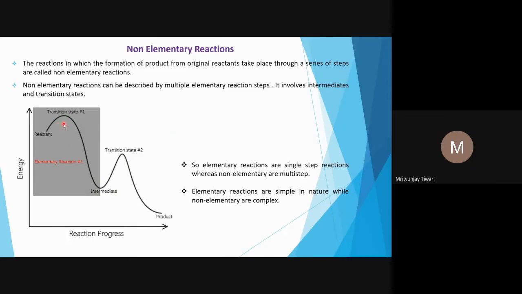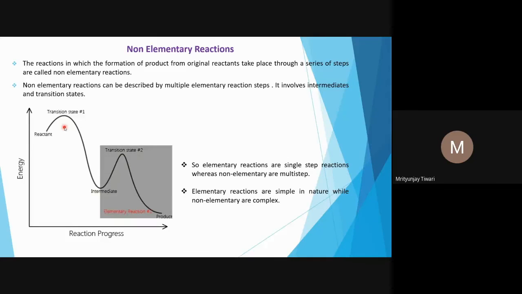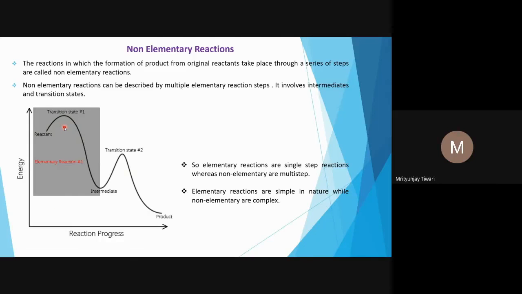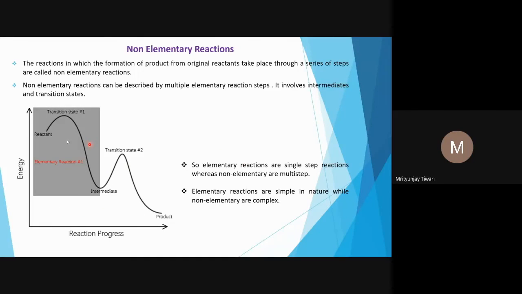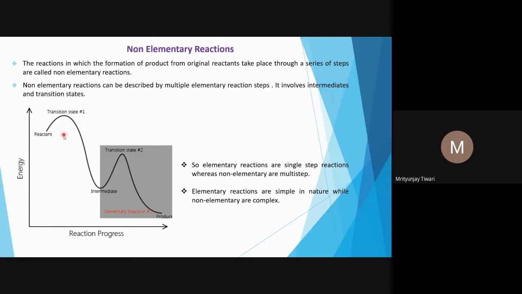If this energy is not surmountable, what do we do? We try to increase the temperature, we heat the reactant so that the energy of the collision will be increased, and because of that, if the activation energy is very high, it may surpass that barrier. The activation energy is also called the barrier of the reaction.